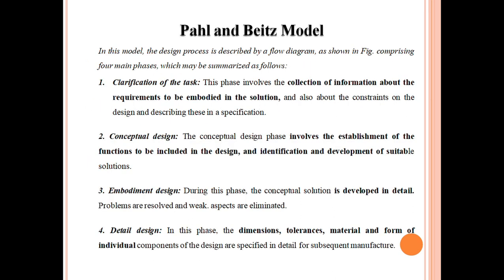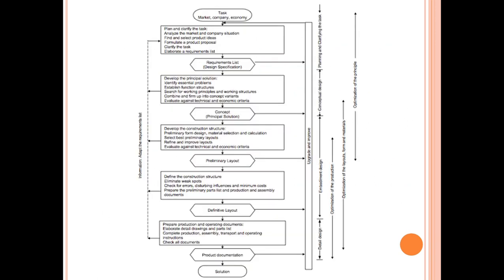The next method is the Pahl and Beitz method. In this method, you know about the task, the content of design, the concept of design, embodiment design, and detailed design. In all these aspects, you know about dimensional tolerance, material, and forming for individual components, and how they work. The task covers what the market is, the company economy, then planning the task.